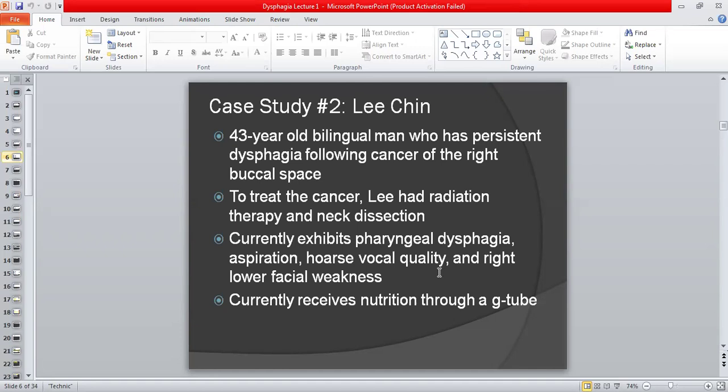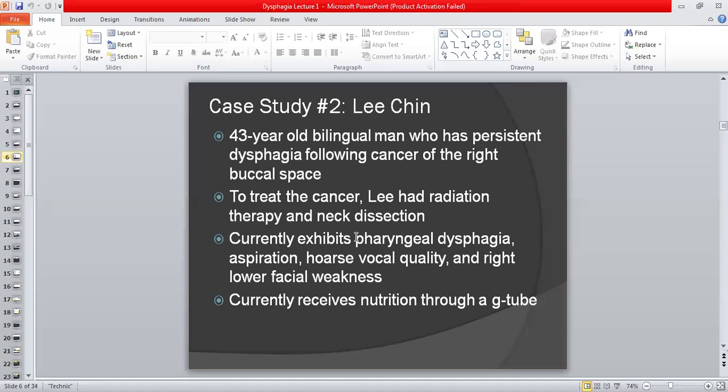Currently exhibits pharyngeal dysphagia, aspiration, hoarse quality voice, hoarse vocal quality, and right lower facial weakness. Now just imagine. Now what these three lines indicate to you? The earlier one, while we were talking about Sylvia, she had pharyngeal dysphagia. Lee also has pharyngeal dysphagia. So we tend to understand, okay, one phase is pharyngeal dysphagia. Number two, aspiration.